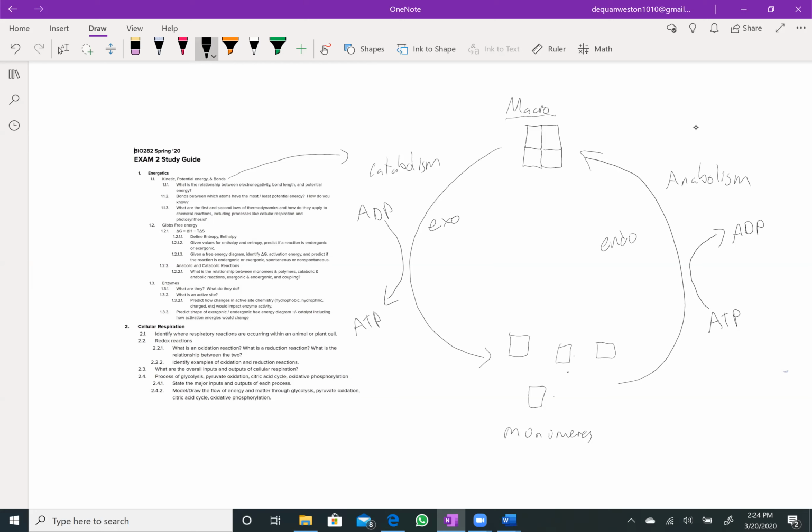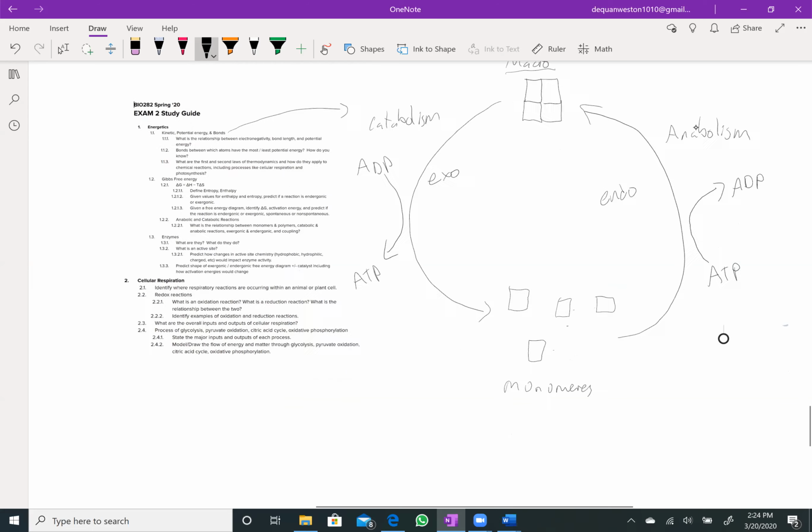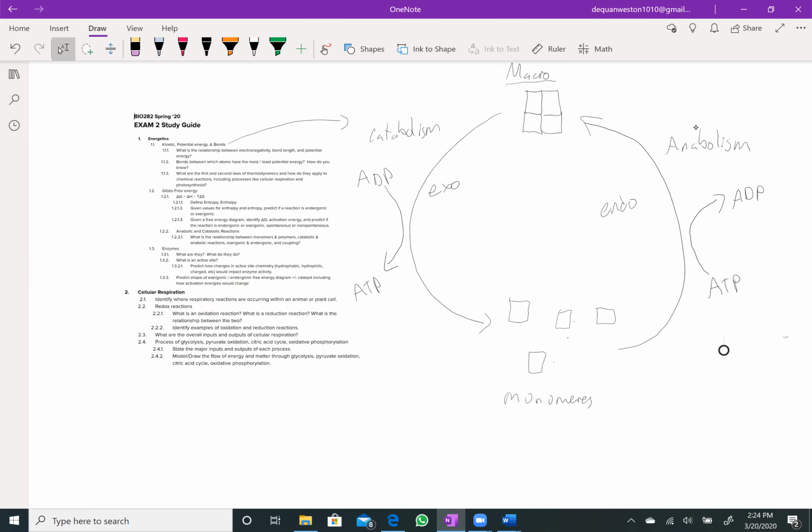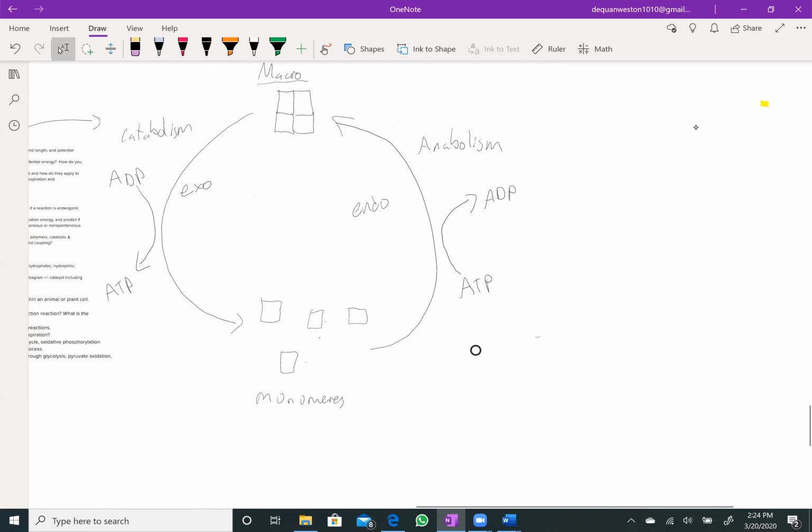So would the ATP molecule be smaller than the ADP? ATP is a larger molecule. So wouldn't it be anabolism from ADP to ATP and then catabolism from ATP to ADP? Nope. During anabolism, you require energy. So let's look here.